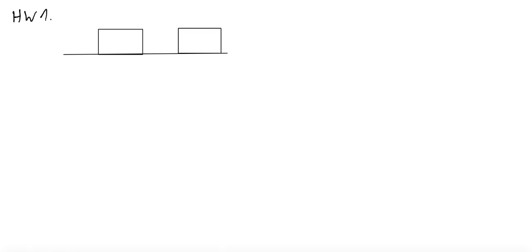Okay, homework number 1, your first problem. We have a very similar situation: a flat horizontal surface, and on this surface we have 2 objects, box 1 and box 2, connected by a string.